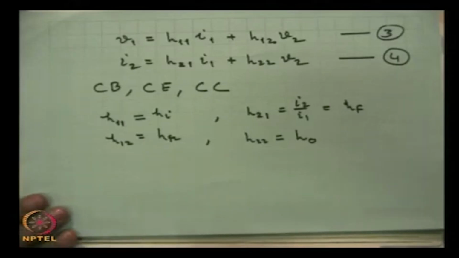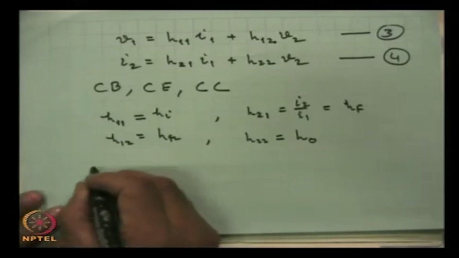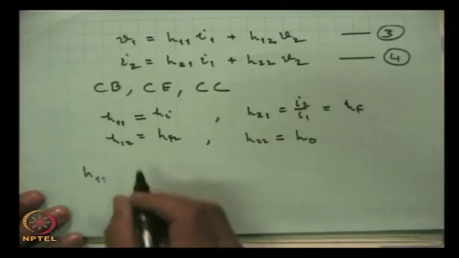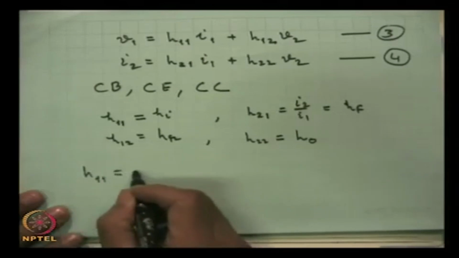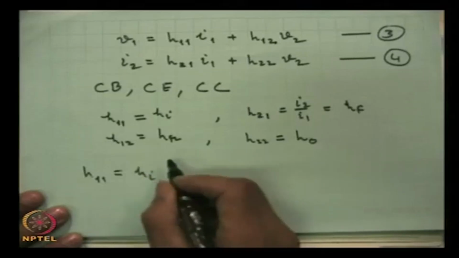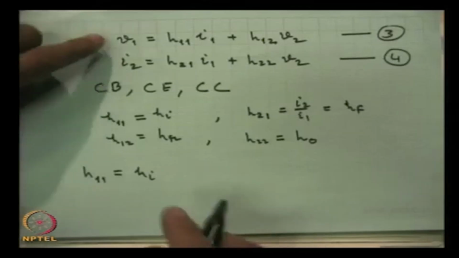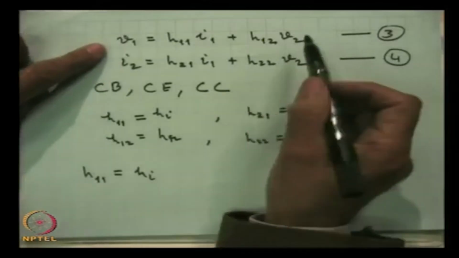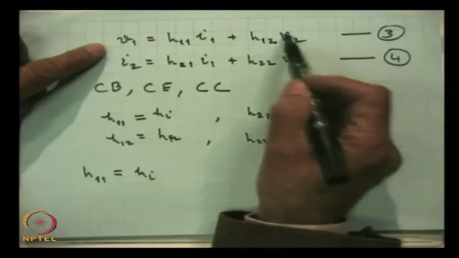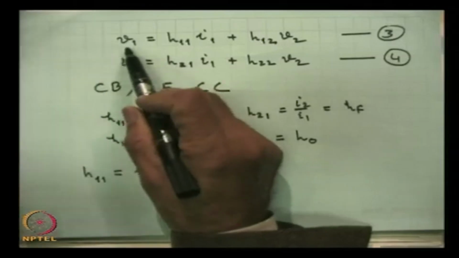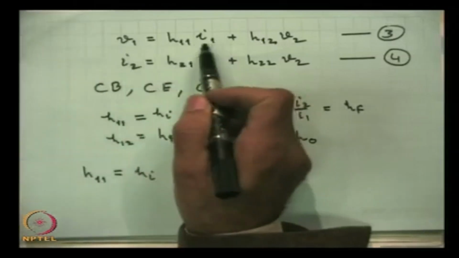Let us define H11, which we have written as HI. If you look at this equation, if V2 is 0, then we can define H11 from here as the ratio of V1 by I1.